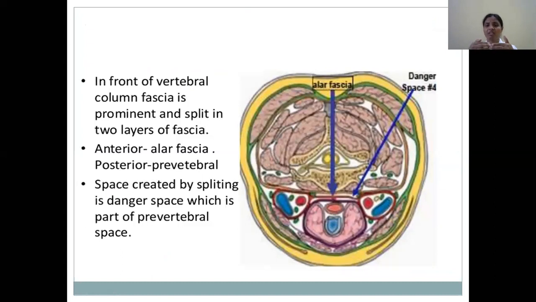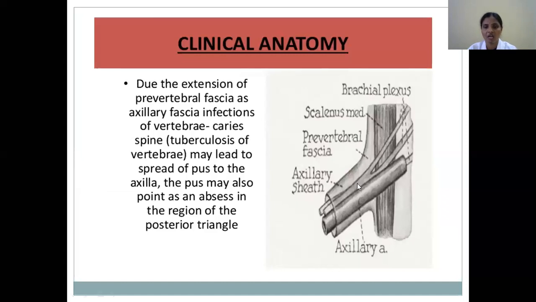So the prevertebral fascia covers the prevertebral and paravertebral muscles, and further back it extends beneath the trapezius muscle. On its course, this prevertebral fascia forms an axillary sheath around the brachial plexus and subclavian artery as it crosses the root of the neck and into the axilla.